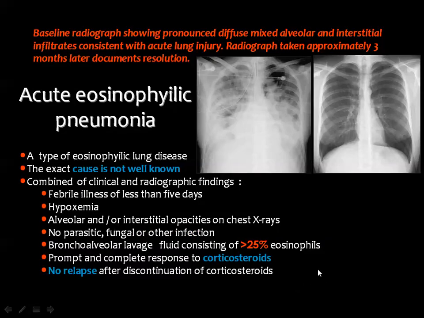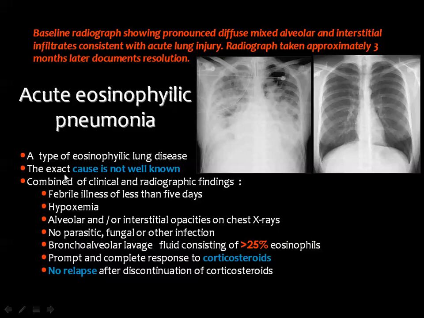Then we came to the acute eosinophilic pneumonia, which is, from the radiographic point of view, pneumonic consolidation, which is usually extensive and patchy. And this pneumonic consolidation is intimately related to the presence of eosinophils in the bronchoalveolar lavage and in the blood.